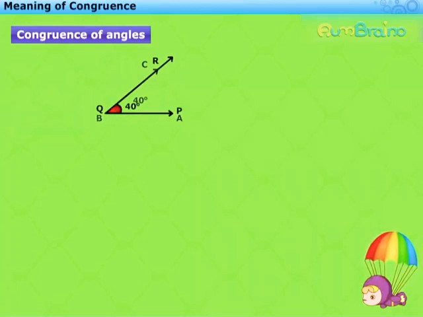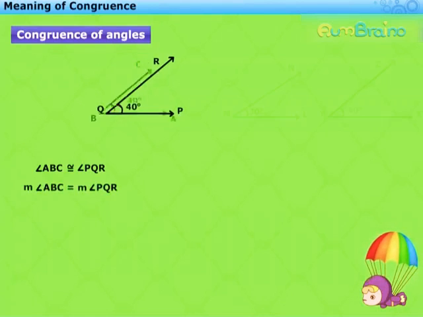Angle PQR matches exactly with angle ABC, that is, angle ABC and angle PQR are congruent. Hence, angle ABC is congruent to angle PQR, or measure of angle ABC is equal to measure of angle PQR.